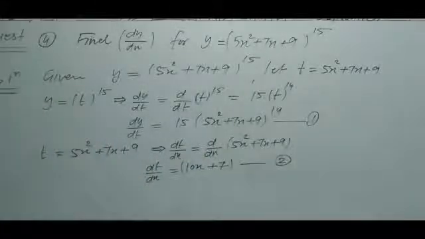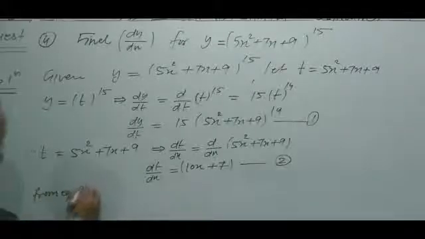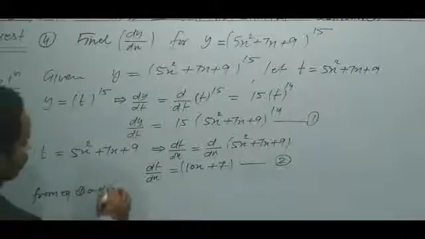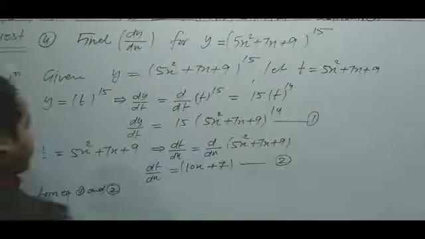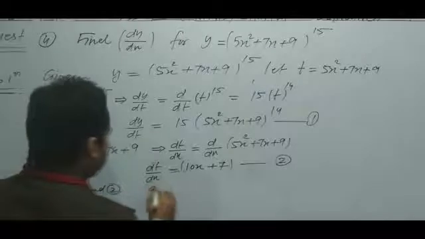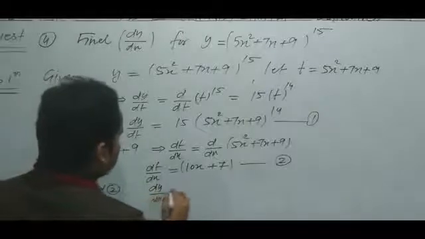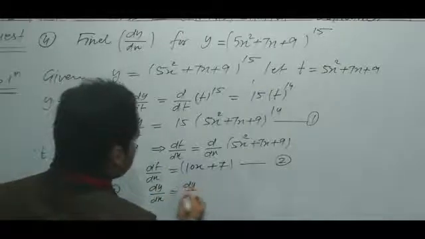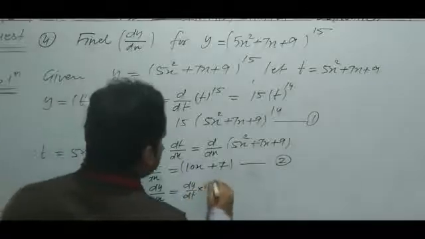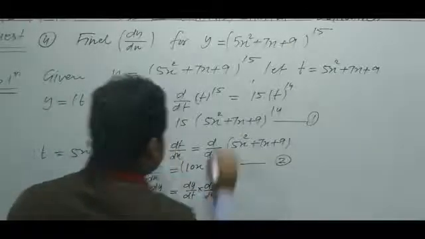Now you know from equation 1 and 2, dy by dx is dy by dt into dt by dx.